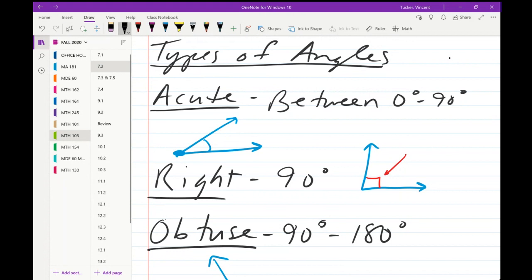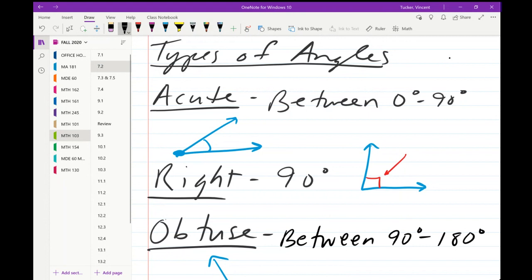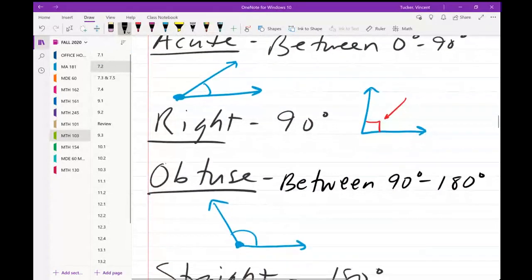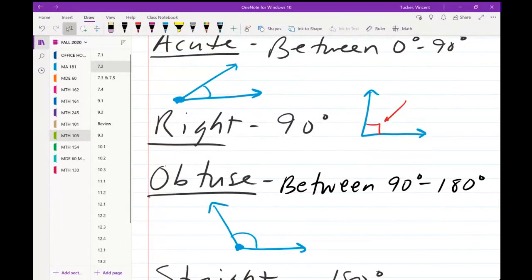Probably should have wrote between. So obtuse angle is between 90 and 180 degrees.